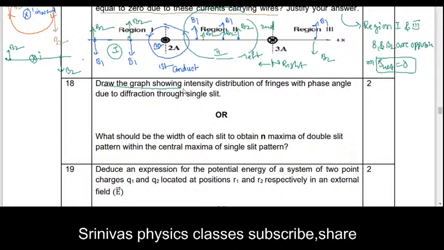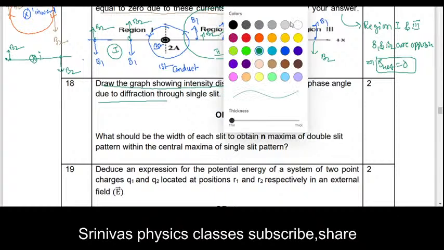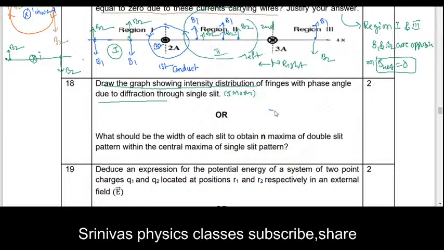Draw the intensity distribution fringes with the phase angle, diffraction at single slit. Very important for the 5 marks also. Okay, we will go for the graph, and for that, you listen very carefully. Phase angle is taken on x-axis and intensity is taken on y-axis. You will get the graph like this.